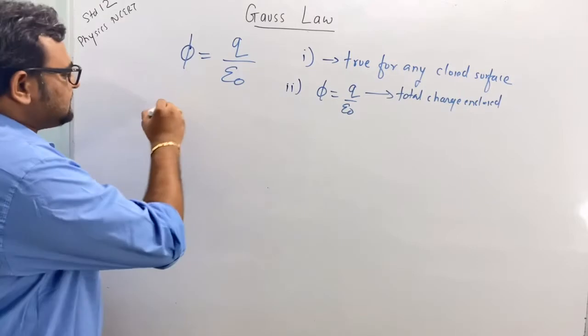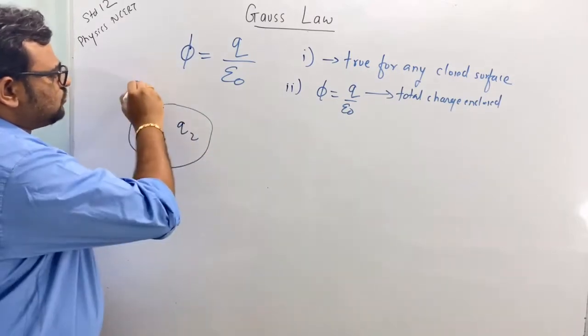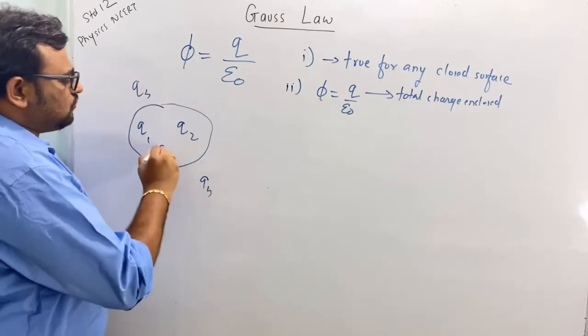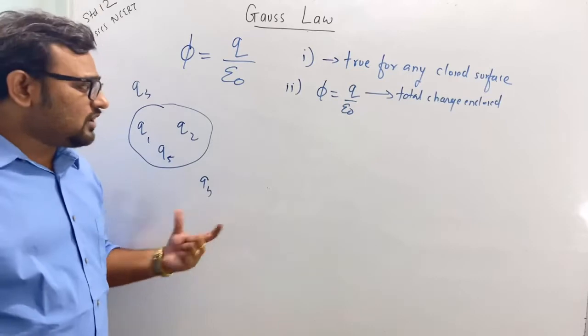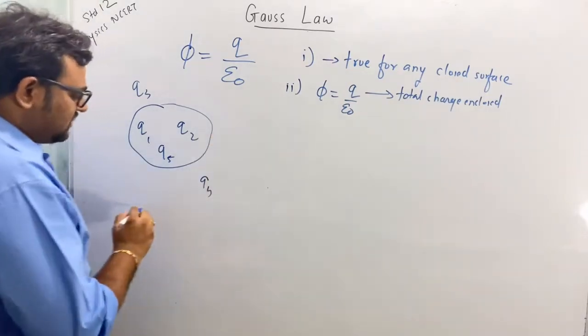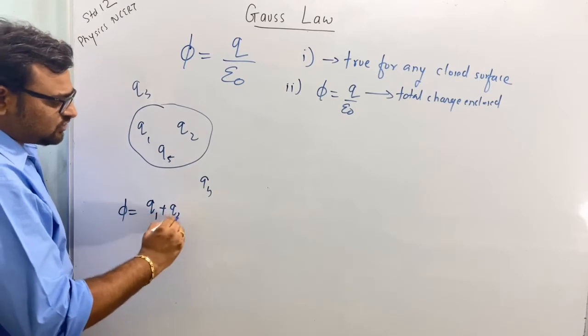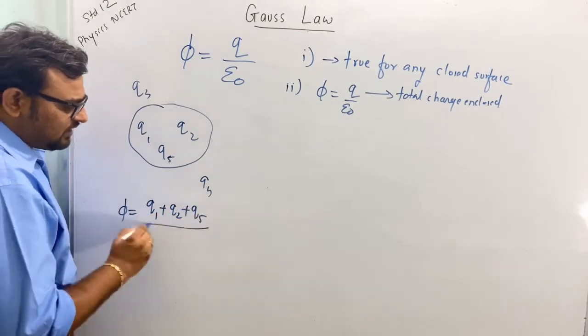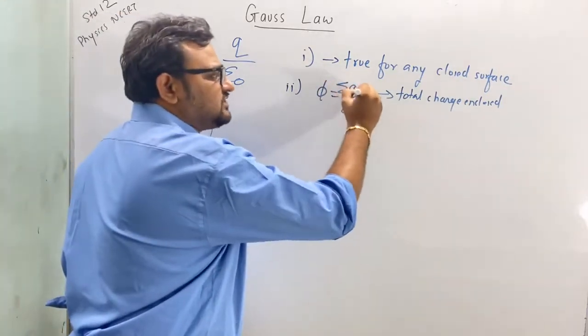So if I am taking such a surface and there are some charges Q1, Q2, Q3, Q4 and Q5, what will be the formula for flux? You can say that flux will be equal to Q1 plus Q2 plus Q5 upon epsilon zero. That means the summation of which charges?